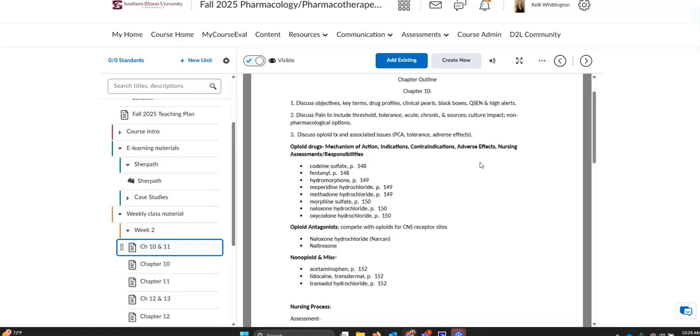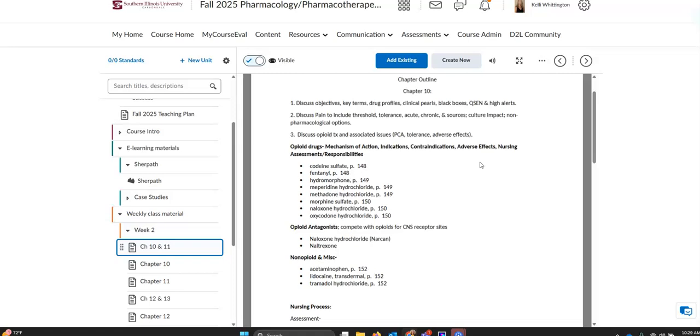Those two things are paramount because as my medication takes effect and it starts to decrease their pain level, which we mentioned a little bit earlier with our pain scale, we're also going to see a decreasing respiratory rate, and we can also see a decreasing or a change in their level of consciousness.